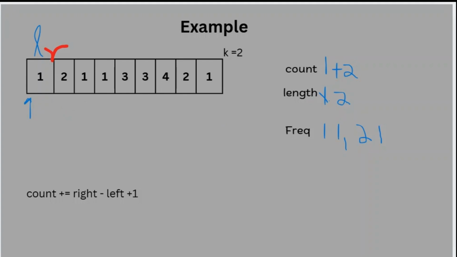Next, right is incremented again, and then the frequency of 1 will be changed to 2. There is no change in the length. So we are going to add plus 3 to the count. Next, the right pointer is incremented.